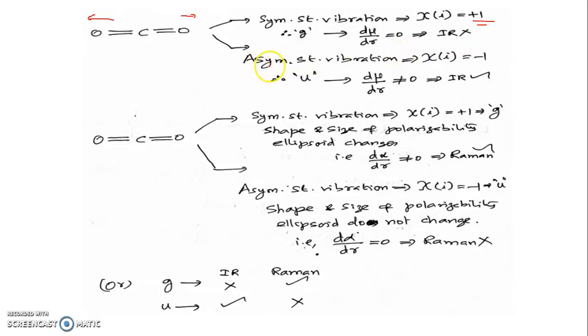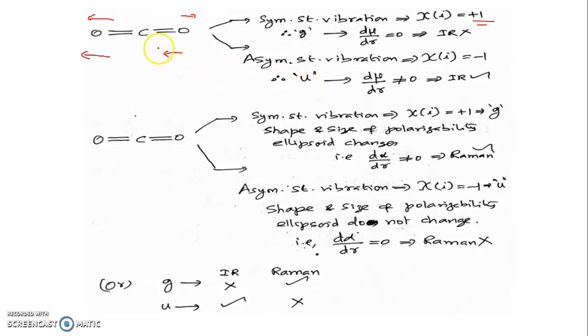Then suppose you take asymmetric stretching. What is asymmetric stretching? When one bond elongates, the other bond will compress. So this is called asymmetric stretching. If you analyze the asymmetric stretching vibration, the character for inversion is -1. That means the asymmetric stretching vibration belongs to ungerade symmetry.